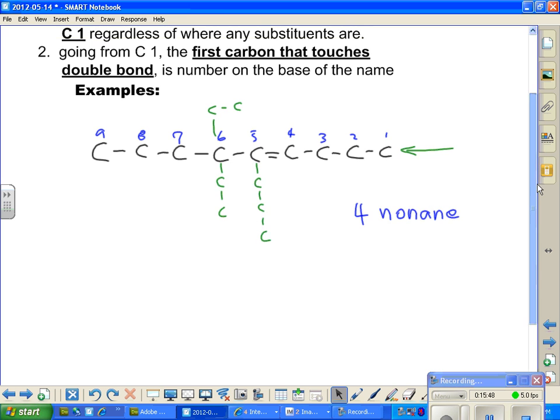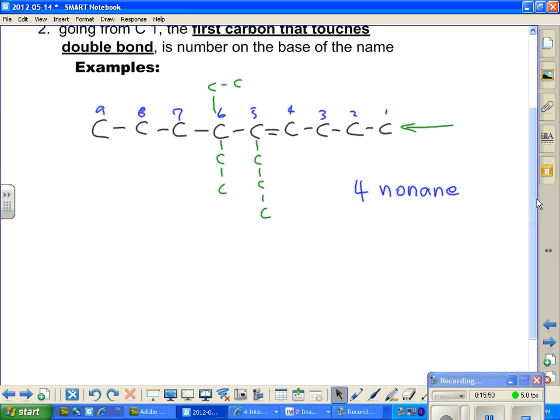I'm going to bring this down a little bit so we can see it more easily. And now we've got an ethyl group, actually 2 ethyl groups on number 6. Let's circle those. Here are our ethyl groups. They're both on 6, so we say 6, 6, di for 2, ethyl: 6, 6 diethyl.